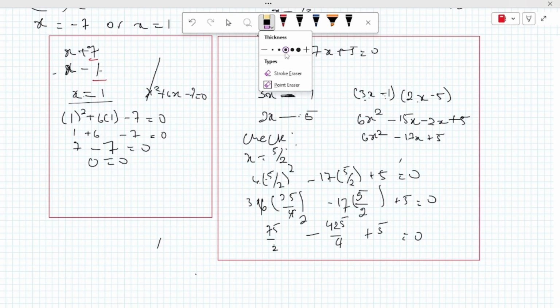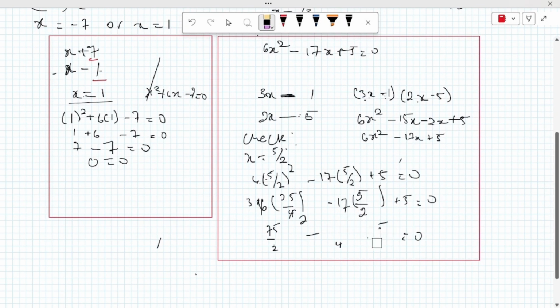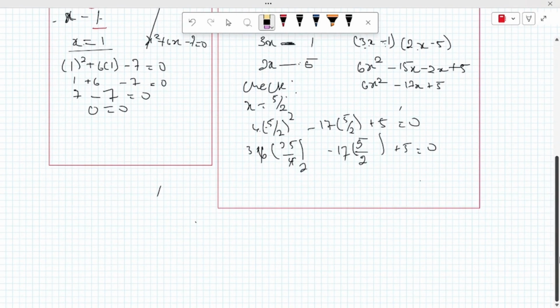So let's just erase that. You see, guys, it's very important to know how to check your answer, because if you feel like there's some discrepancy, like any form of your answer is incorrect, you can be able to see.